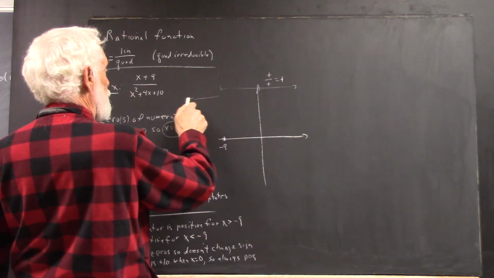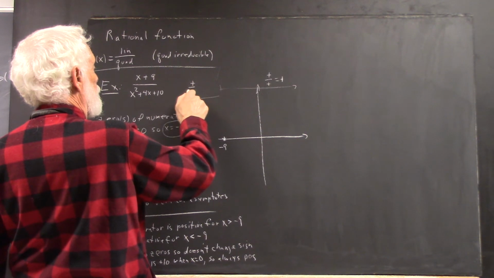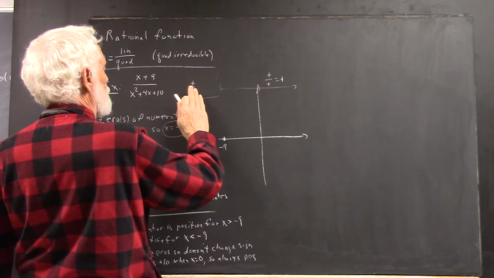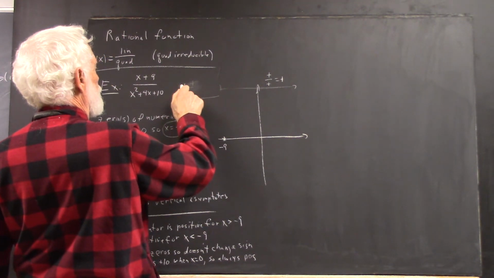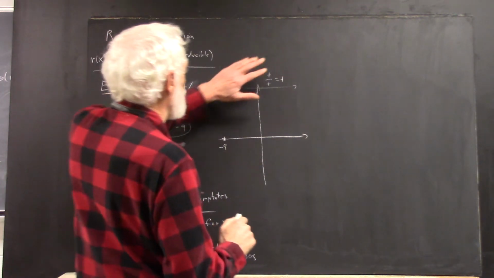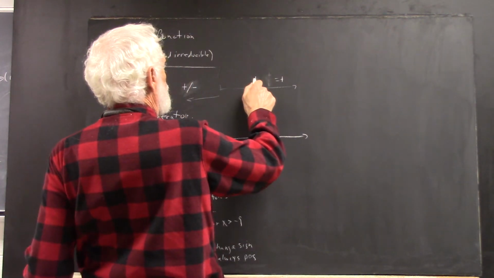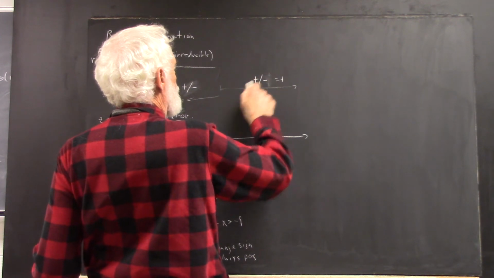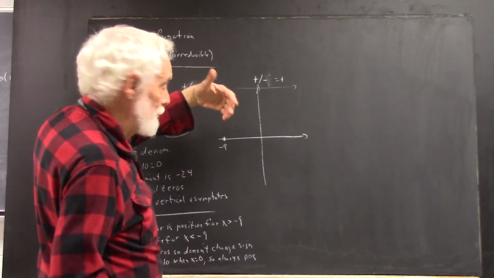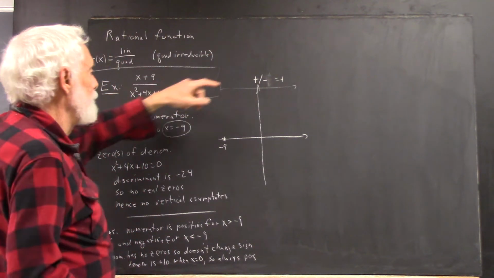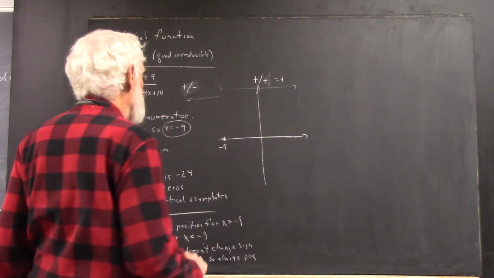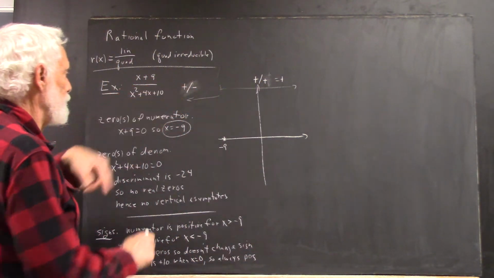And from here and to the left, you have negative over positive. Let me write that as positive slash negative, so we don't confuse the fraction bar with a negative sign. Positive slash positive gives you positive, and a negative slash positive is negative.